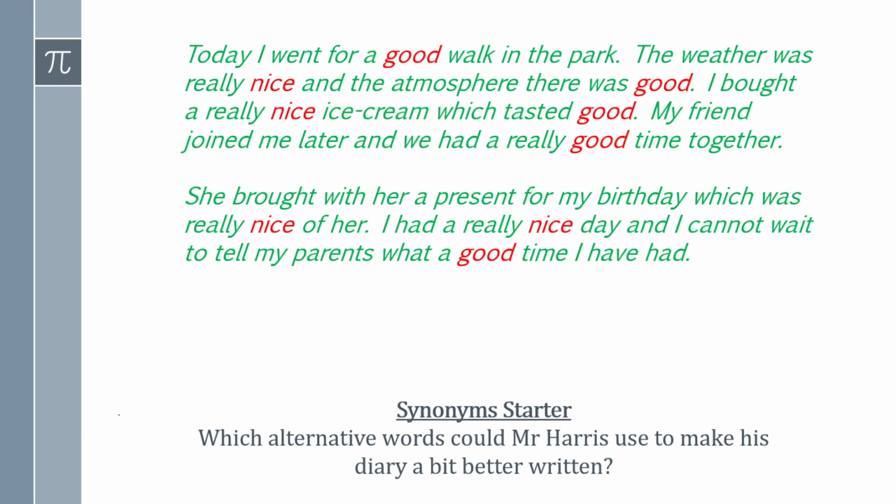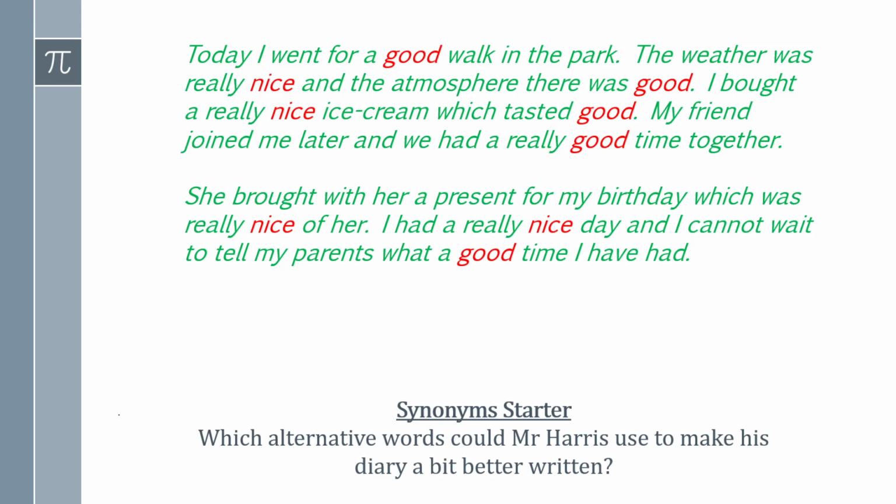If you said, for example, today I went for a pleasant walk in the park, you're trying to change the red words, because good and nice aren't particularly good adjectives. Today I went for a pleasant walk in the park. The weather was really radiant and the atmosphere there was electric. I bought a really flavoursome ice cream which tasted delicious.